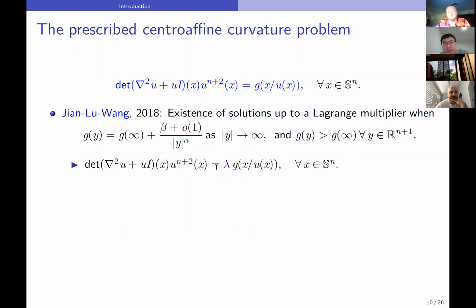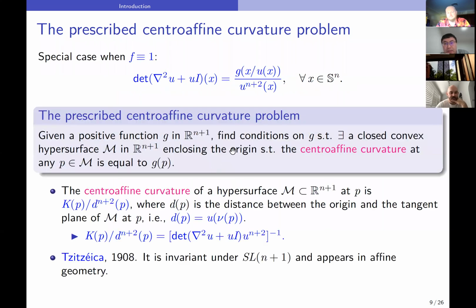So the solutions to the centro-affine case are not known. I guess the lack of scale invariance doesn't make a problem here. I mean, you can just constrain it. Yeah.